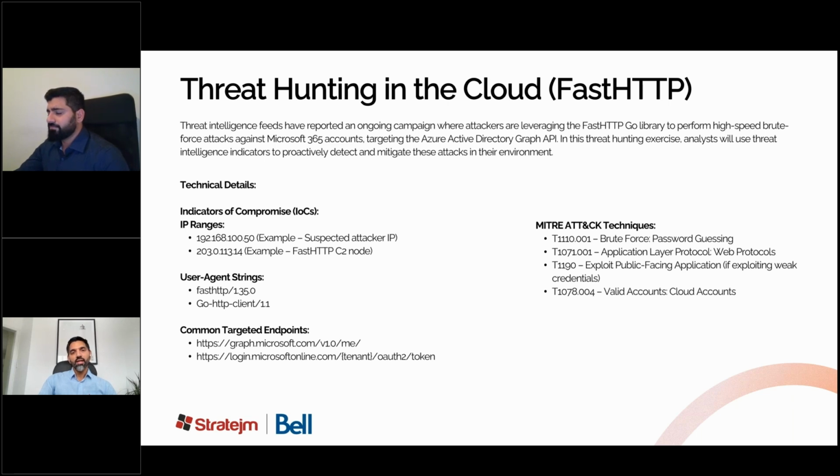FastHTTP is a Golang library, and it basically speeds up your HTTP request process by a factor of 10. And threat actors have obviously figured out a way to leverage this to their advantage, where they're doing an extensive brute force, and they've launched a brute force campaign against Microsoft Office 365, targeting specific APIs and endpoints, for organizations that haven't fully implemented MFA or that have some break glass accounts.